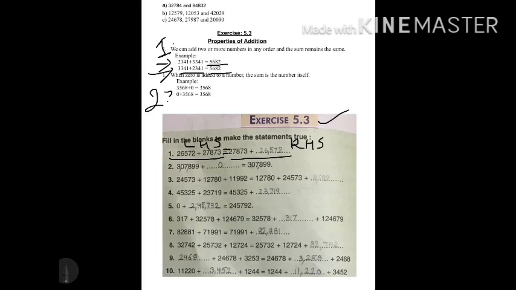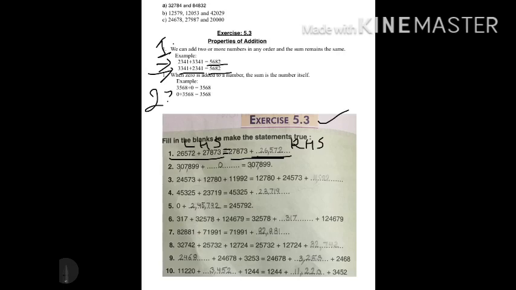Both the numbers are equal. Here, on the left hand side, two numbers are there, and on the right hand side only one number is there. So whichever is the missing number, you will write it and make both sides, left hand side and right hand side, equal by putting the missing number.